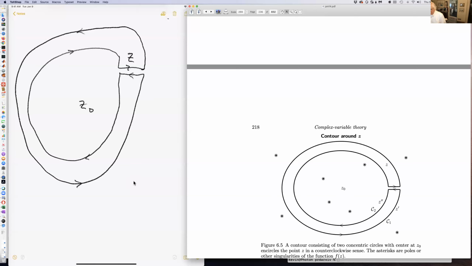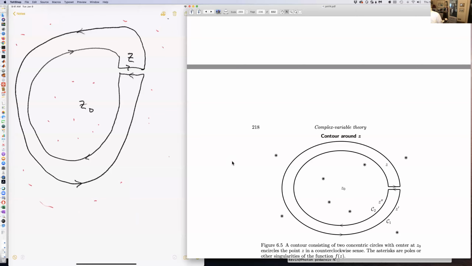We're integrating this way, this way, this way, that way, this way, this way. So that's the picture. Now we imagine that the function is analytic except for some singularities, and I'm going to write these singularities in red. So we'll have some singularities in here, and then other singularities out there.